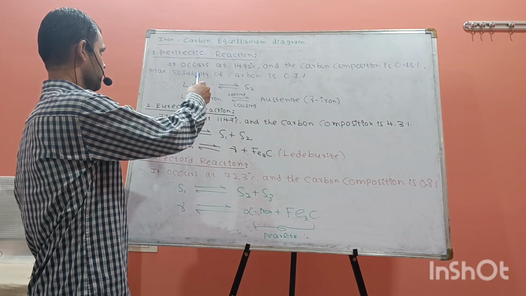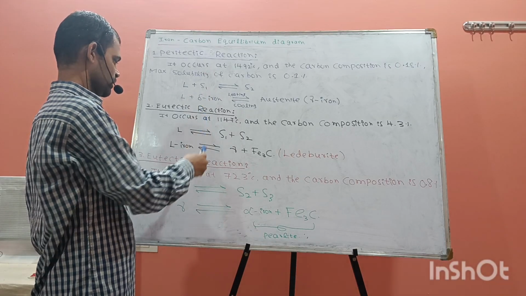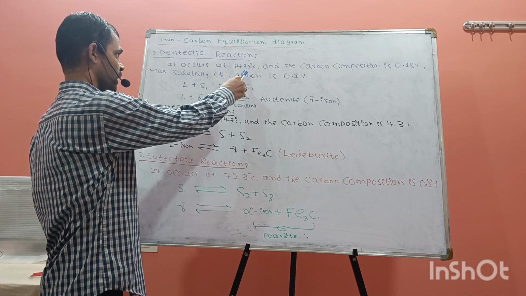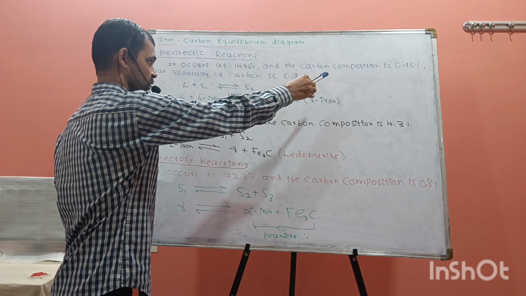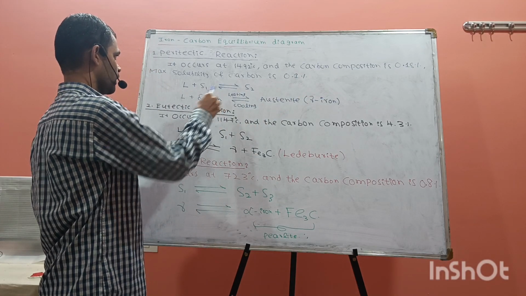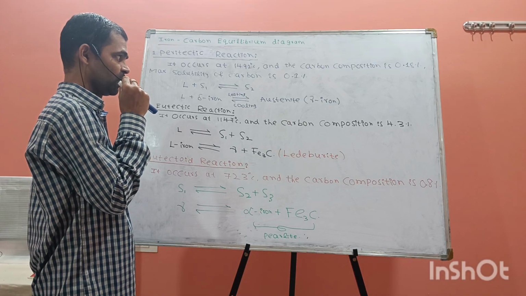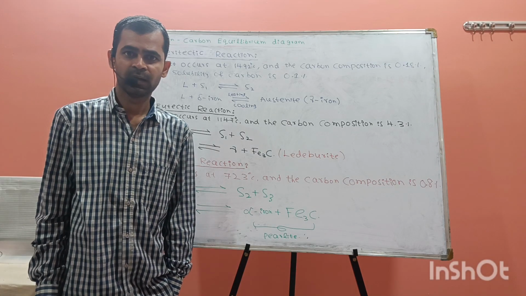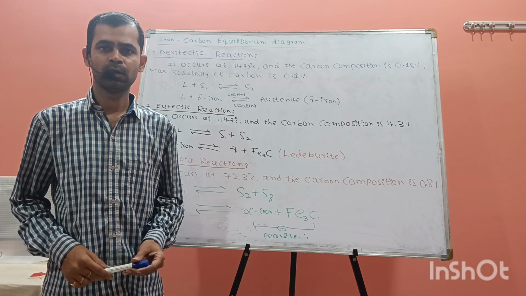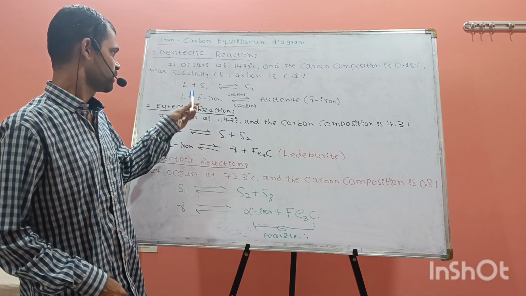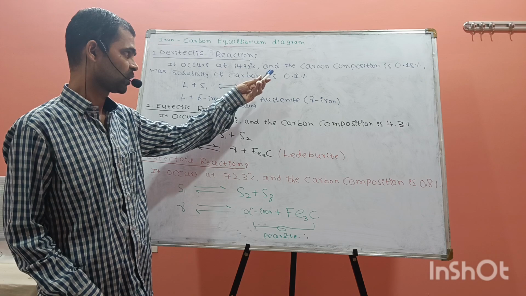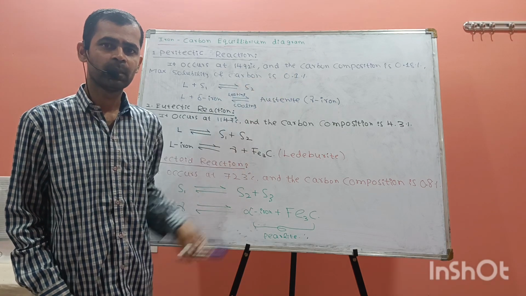The reactions of the iron carbon equilibrium diagram are the peritectic reaction, eutectic reaction and eutectoid reaction. The peritectic reaction occurs at 1492 degrees Celsius and the carbon composition is 0.18 percent carbon. The maximum solubility of carbon is 0.1 percent.